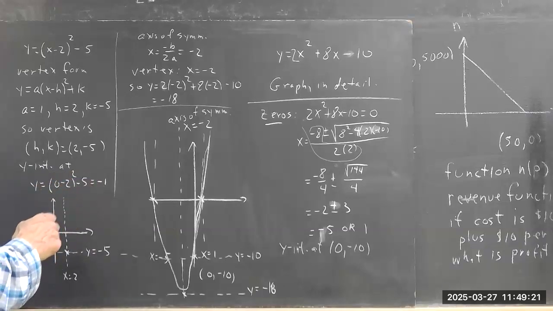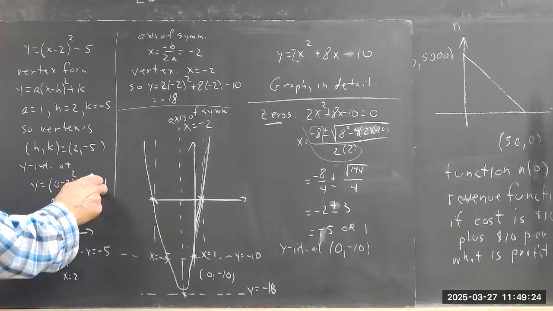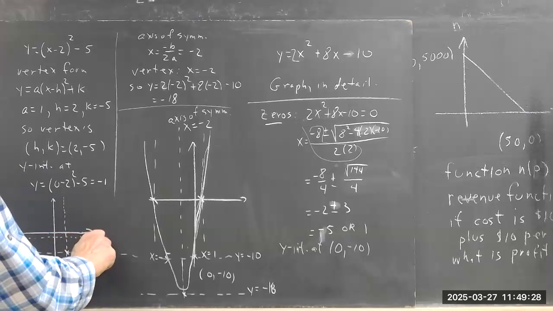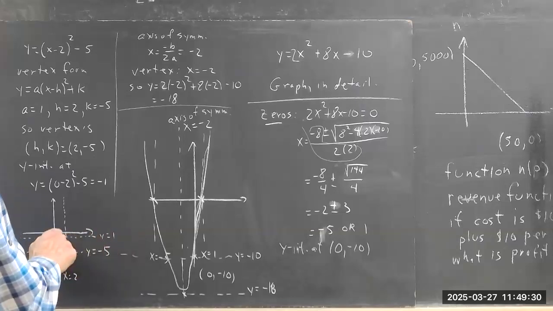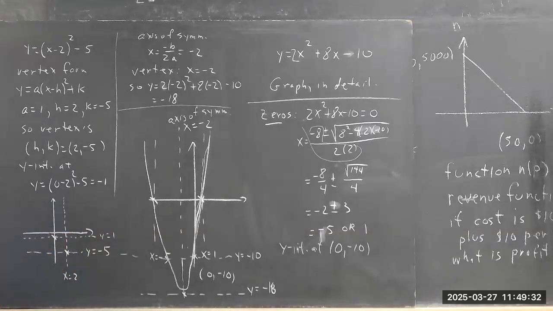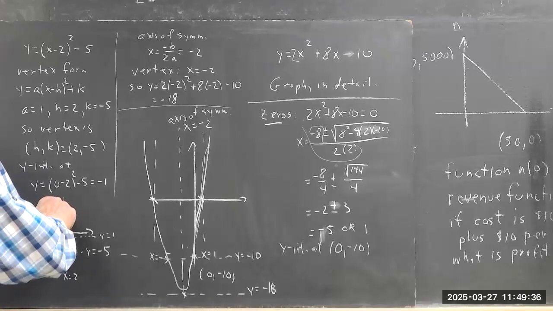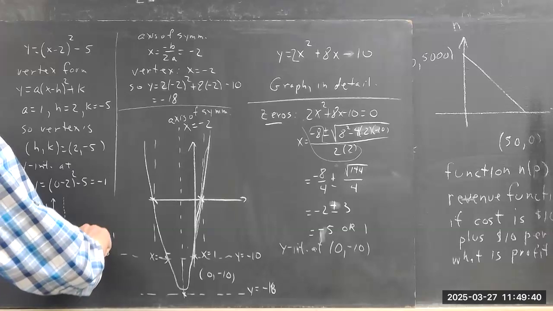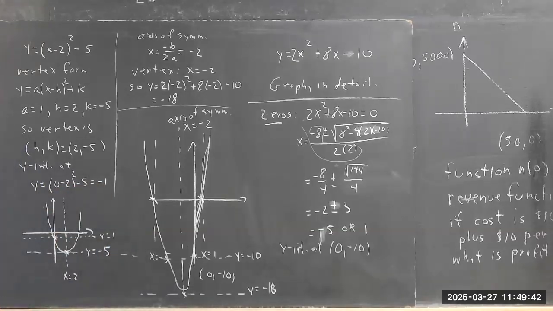The y-intercept is at y equals -1. It's on the y-axis, so you're going to have y equals -1 here. Here's your point on the y-axis. Now we can sketch a graph. We could put more detail into it if we wanted to, but it's not very well drawn. But the graph might look something like this.